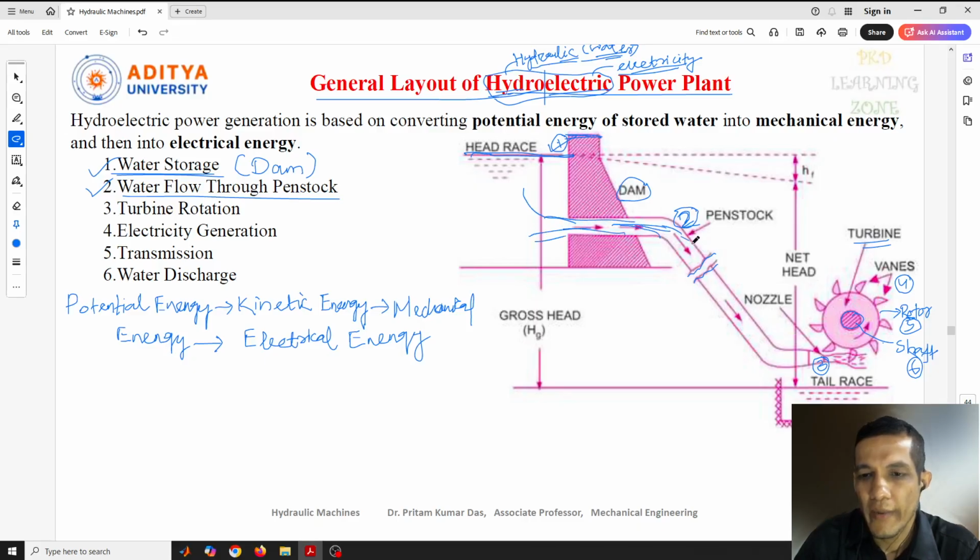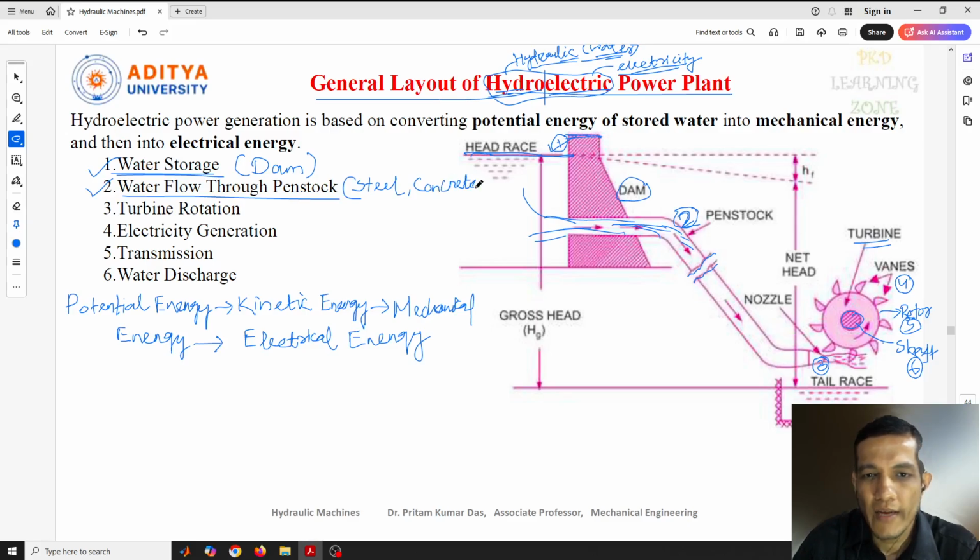Penstock is a long pipe which can be a steel pipe, or it can be constructed of concrete also.